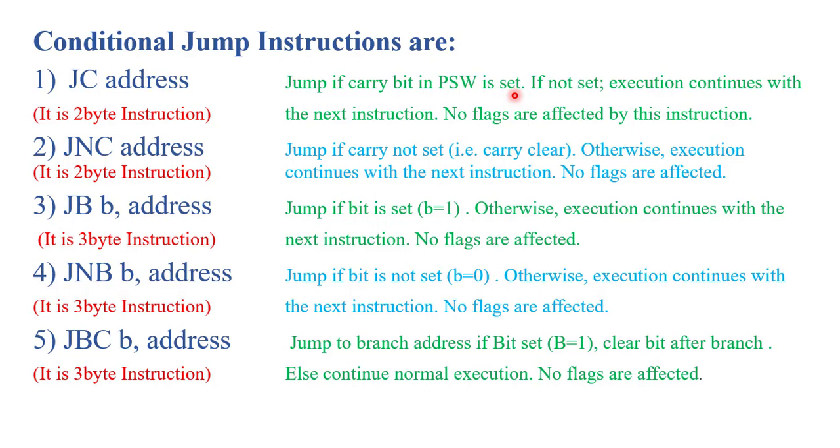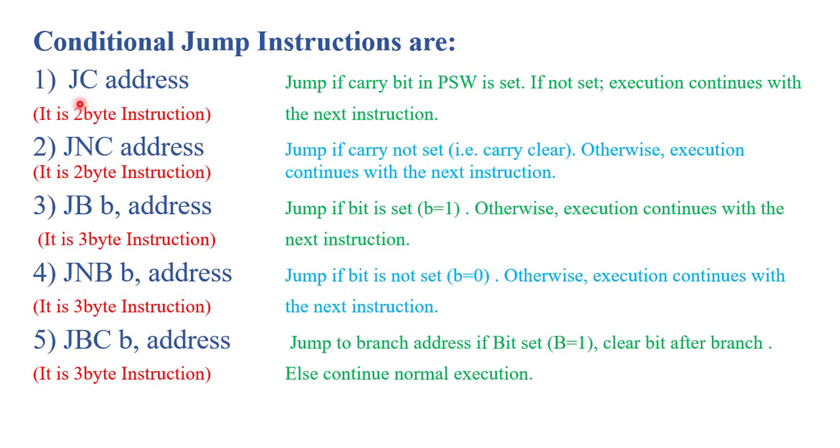The carry flag is set after some arithmetic operation, or if we rotate the content of the accumulator, and then the program counter jumps to the new location. The total length of this instruction is 2 bytes: 1 byte for the opcode and 1 byte for the address.